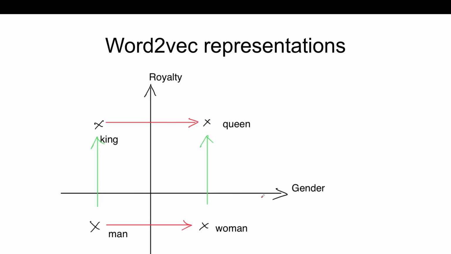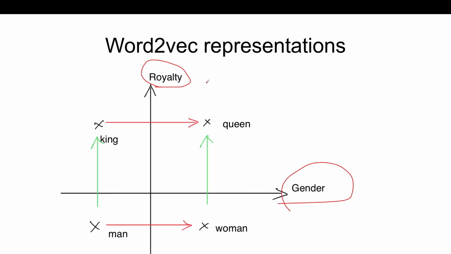Here there are two dimensions encoding different aspects of the words. Along the x-axis, the dimension represents gender, whether it's male or female, and on the y-axis, it says whether the word is related to a royal family or not.